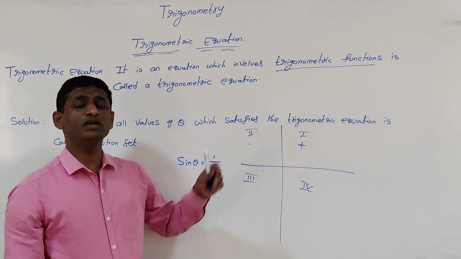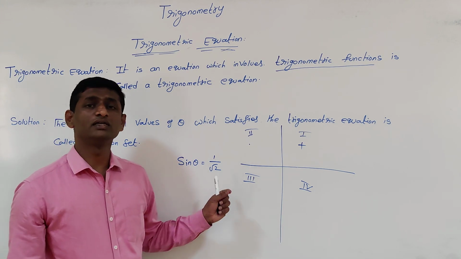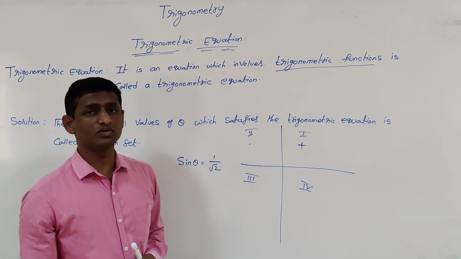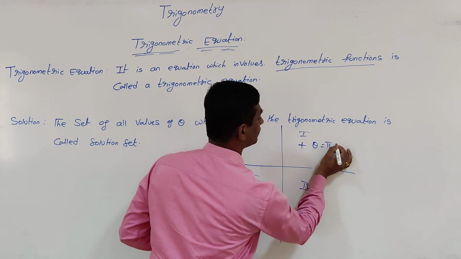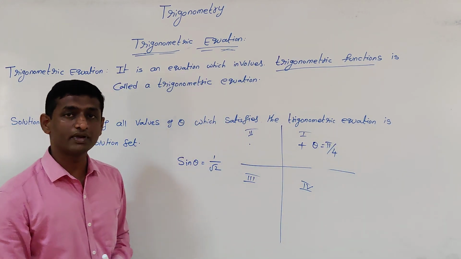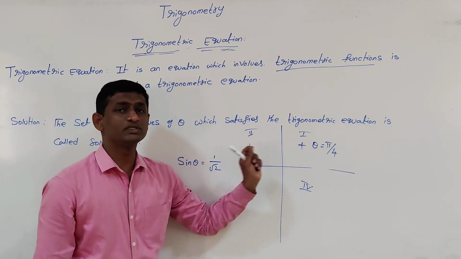So in the first quadrant, for what angle is sin theta 1 by root 2? If theta is equal to pi by 4, sin pi by 4 is 1 by root 2. So pi by 4 is a solution.